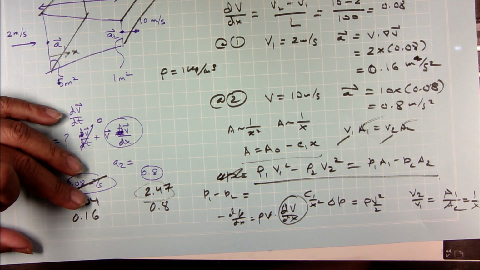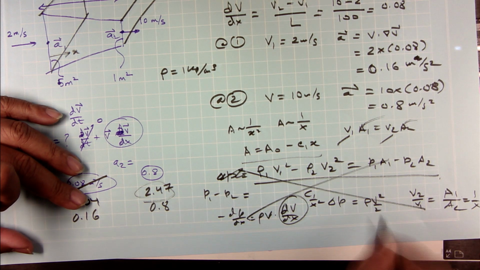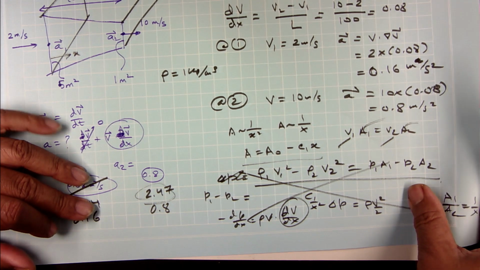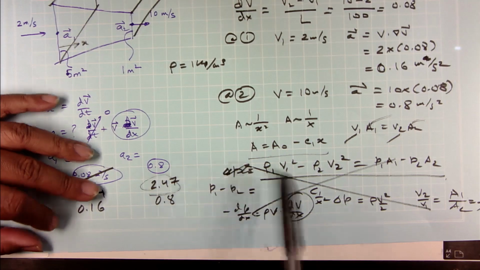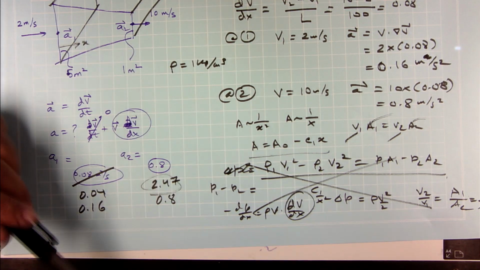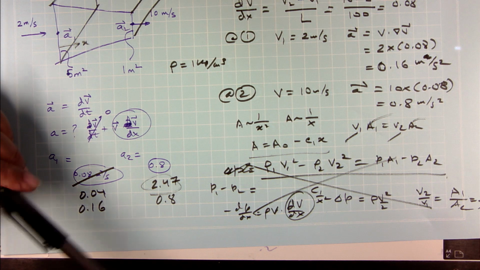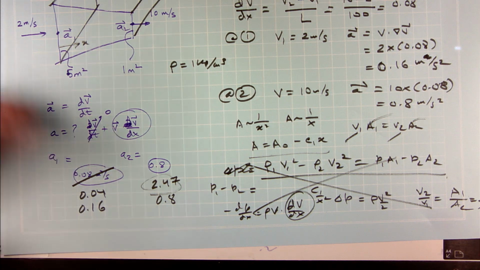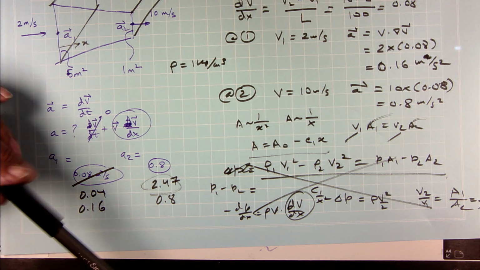Okay. Anyway, we will revisit this when we have the time for the tutorial. But what I was trying to impress on you was that because of the change in cross sectional area, you will have a pressure drop component essentially, even though the flow is totally steady. All right.